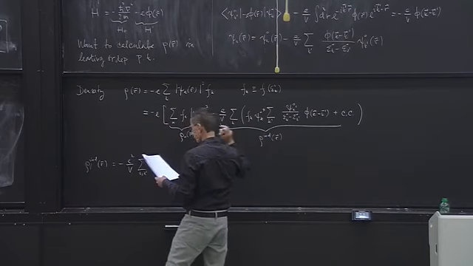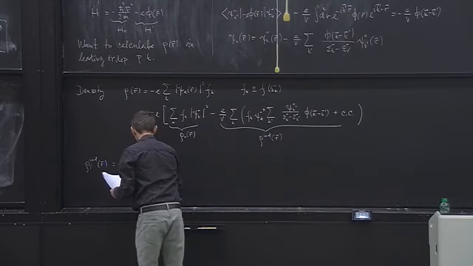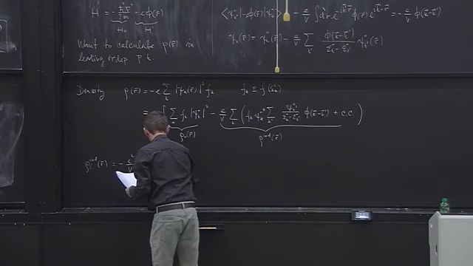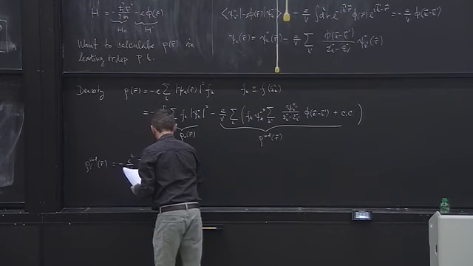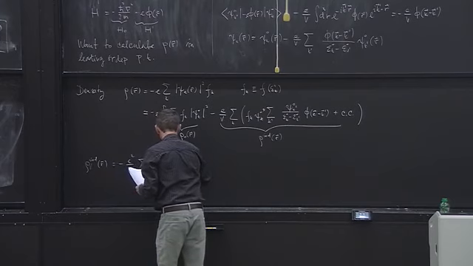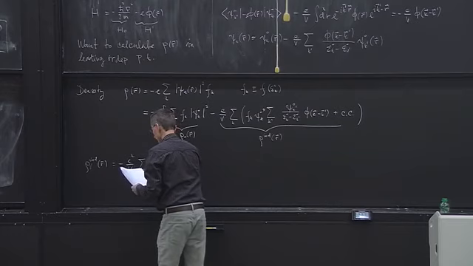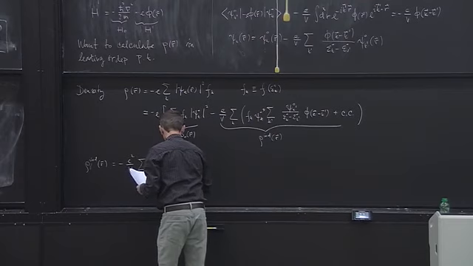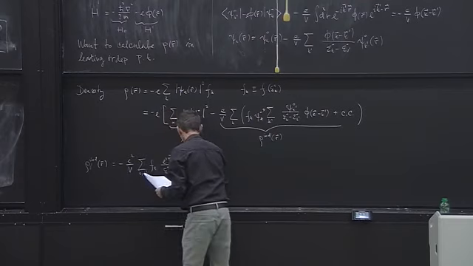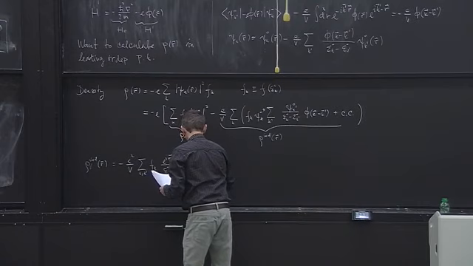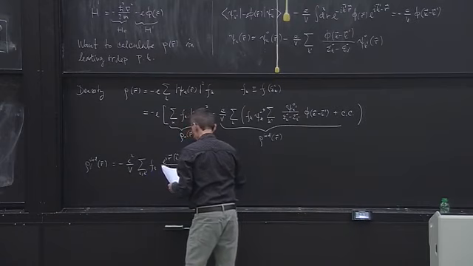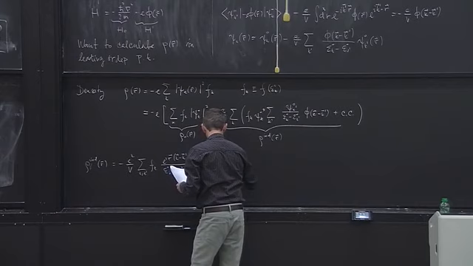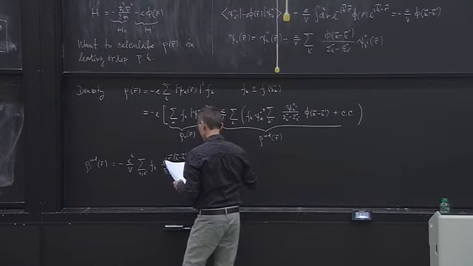I have 2 summations here. I have f_k e^{i r (k-k')} divided by epsilon^0_k minus epsilon^0_k', phi_{k-k'}, plus complex conjugate.